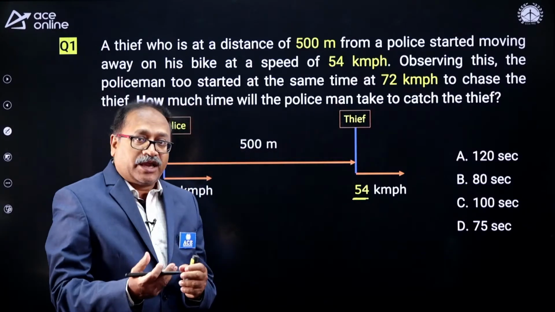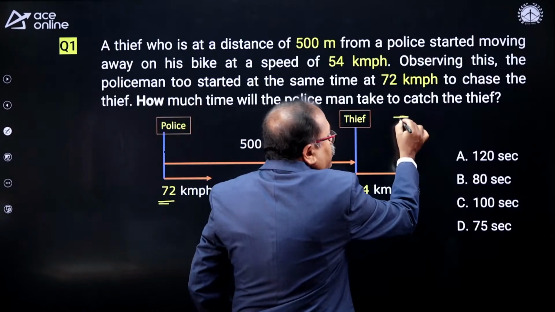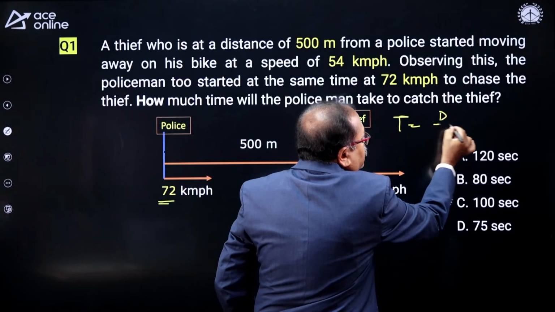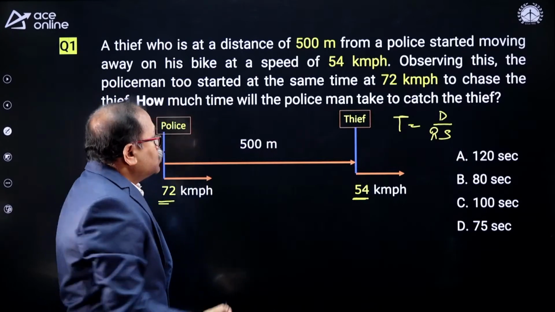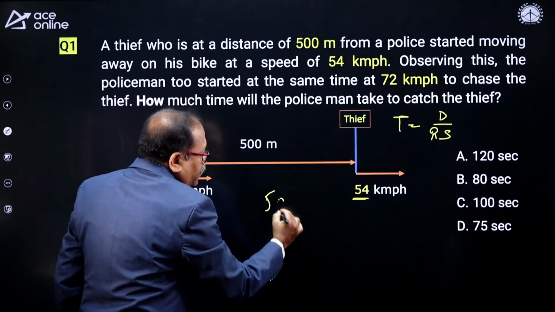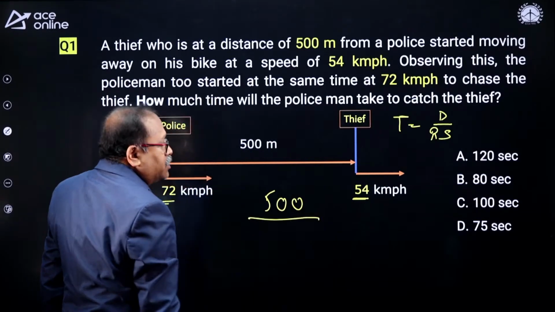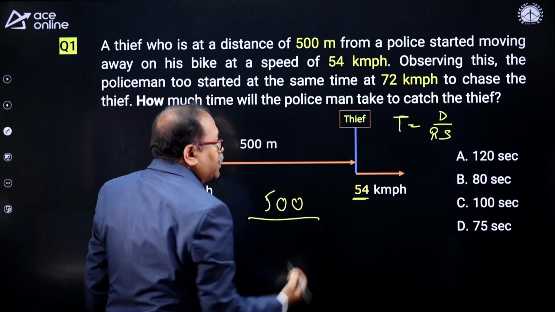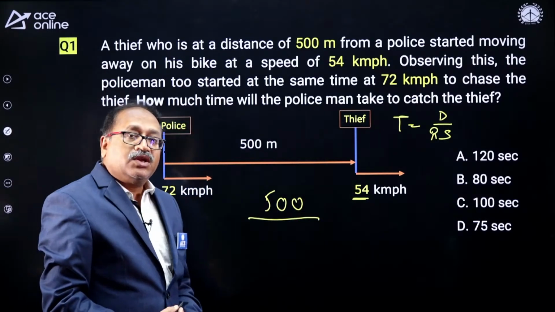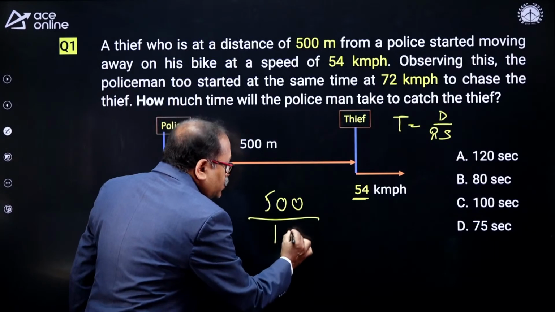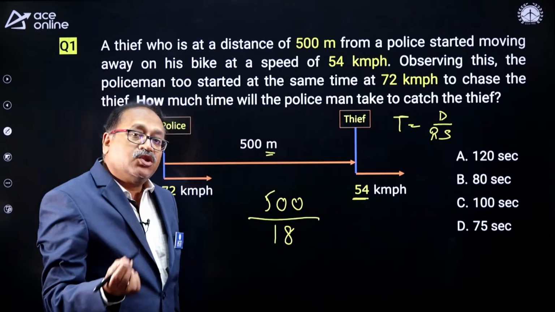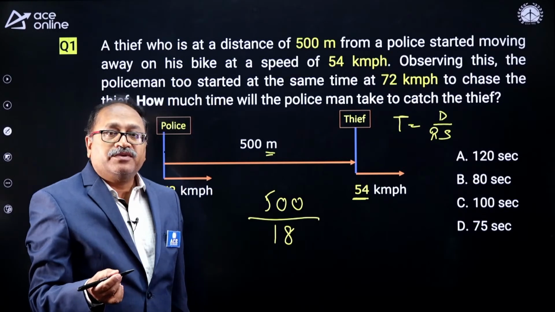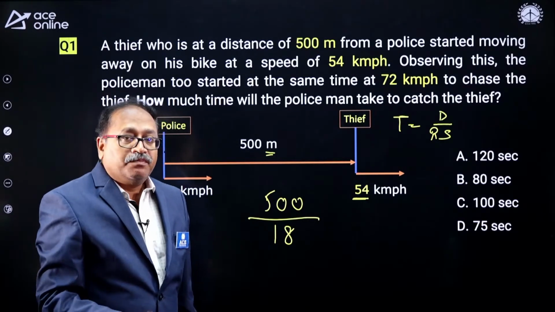So how much time? We know the basic formula: time is equal to distance by speed. In this case, it is relative speed. The distance is 500 meters, and the relative speed is 72 minus 54, which is 18 kilometers per hour. Please notice that the distance is in meters, whereas the speed is in kilometers per hour, so I need to convert the speed from kilometers per hour to meters per second.